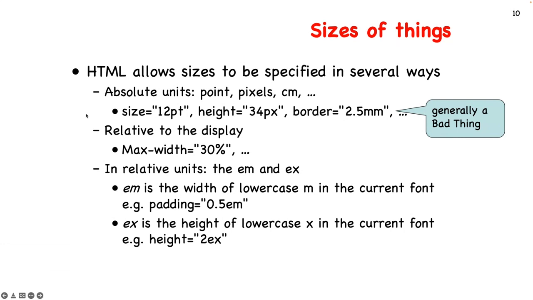Now, if we can avoid absolute units, we should. So I think, yeah, we want a 12-point font here. Well, the 12-point font might look great on your display. It might be tiny on some mega display that somebody else has got, and it might be horribly clunky on some phone.